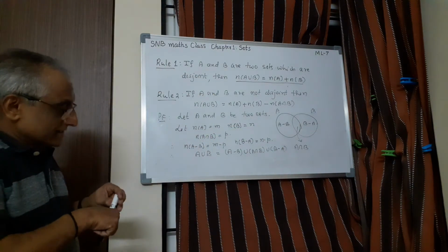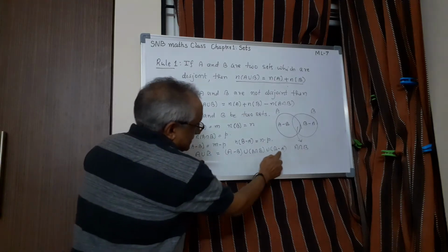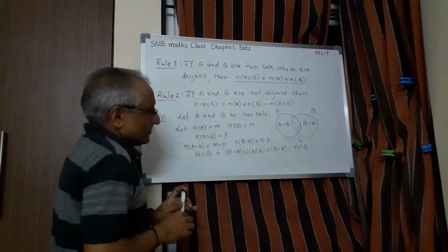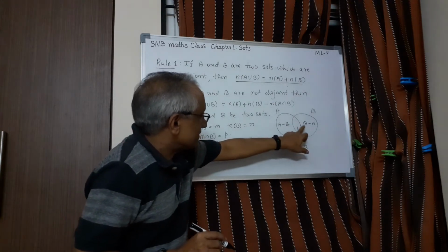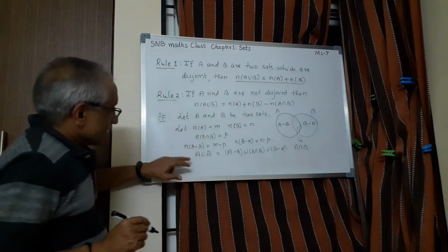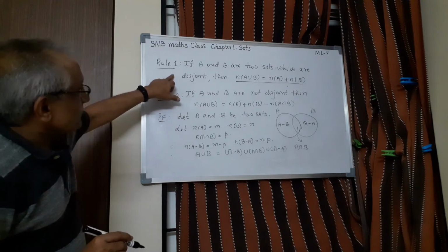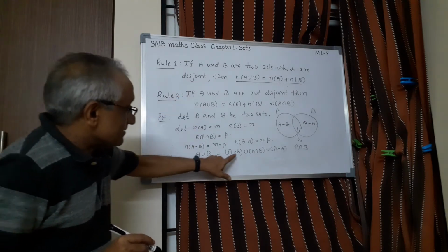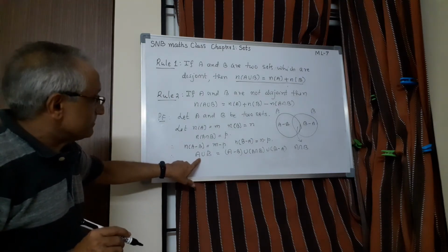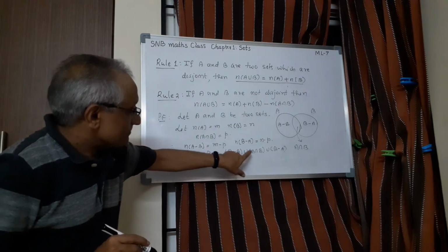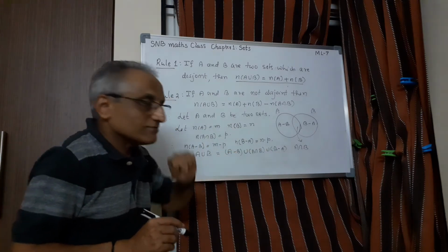But here the interesting thing is all these three sets are disjoint. Whatever element is here, it cannot be here. Whatever element is here, it cannot be here. So now I can use this rule. Whenever the sets are disjoint, the number of A union B must be equal to the number of this plus the number of this plus the number of this.